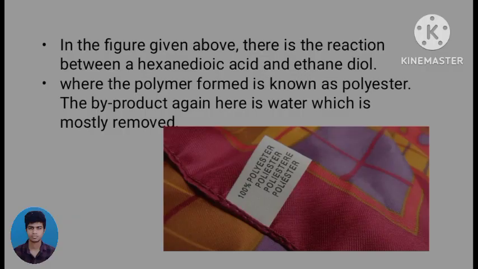In the previous slide, Hardik explained the reaction between hexanedioic acid and ethanediol, where the polymer formed is known as polyester. The byproduct water is formed, which mostly is removed.